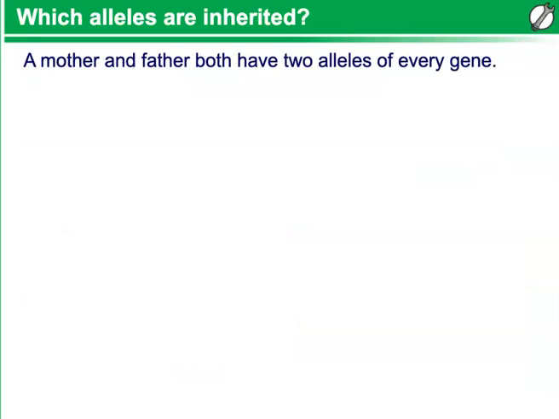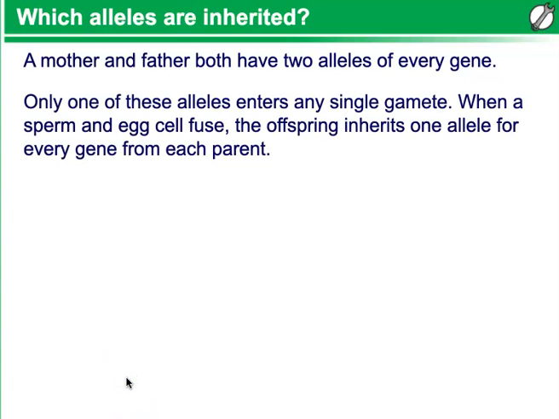Which alleles are inherited? A mother and a father both have 2 alleles of every gene. Only one of these alleles enters any single gamete. When a sperm and an egg cell fuse, the offspring inherits only one allele for every gene from each parent.